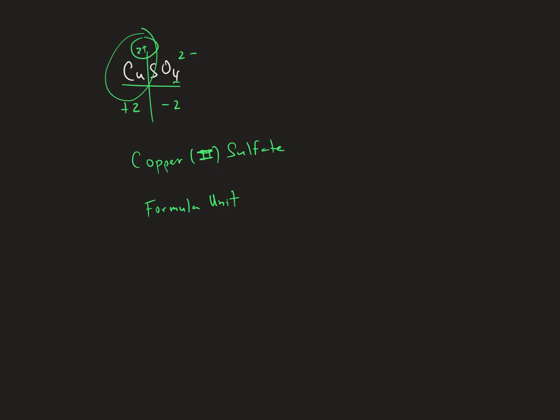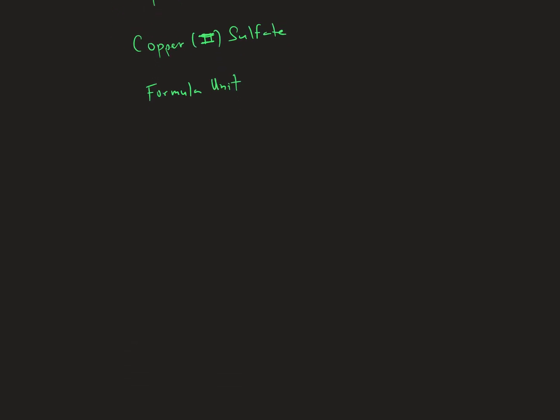Well, let me just do one example just to refresh us a little bit. Let's say we have SrX, a compound, strontium with some element in it. And we know X is a diatomic molecule.